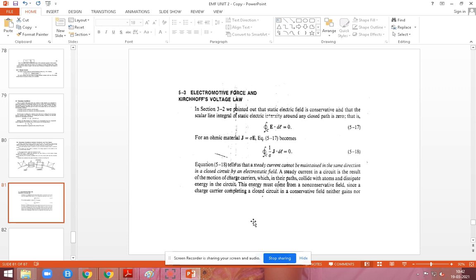So integral of J by sigma into dl equals 0. Okay, here this equation tells that a steady current cannot be maintained in the same direction in a closed circuit by an electrostatic field. அப்படின்னா என்ன? So ஒரு closed pathல the voltage drop will be either in the same direction or in the opposite direction. That is what this equation means. சரியா?